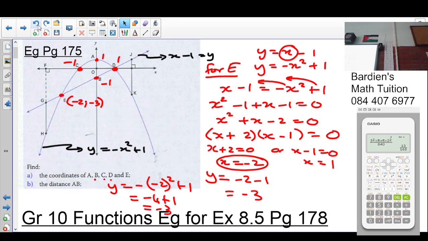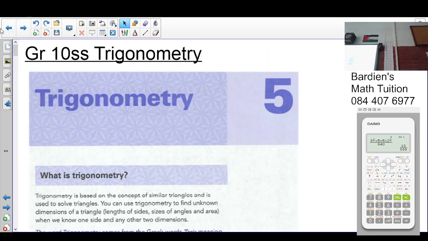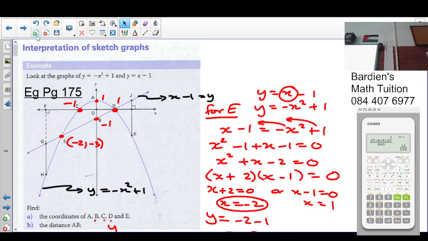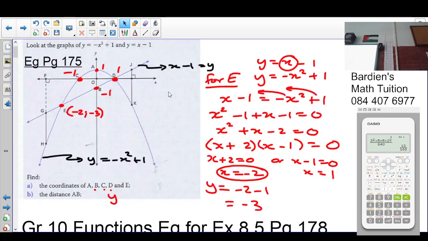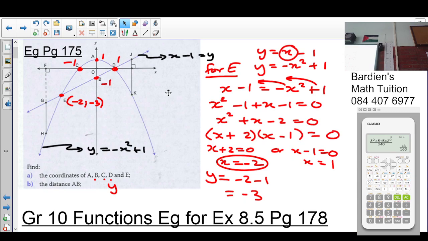How many marks is the first question? But this one in particular, 4 marks. Listen, if you don't want 4 marks, well, relax your bones. If you feel that this is not worth your time for 4 marks, then you just leave it out.